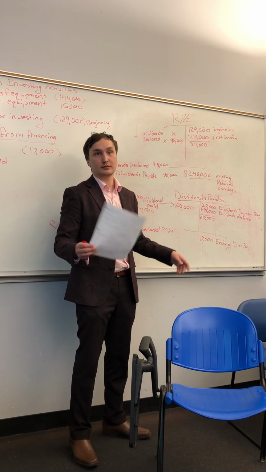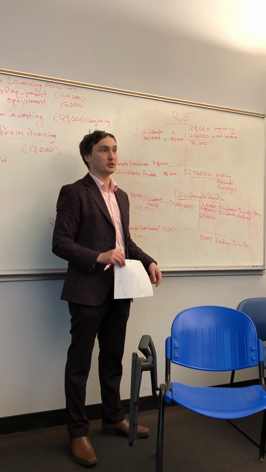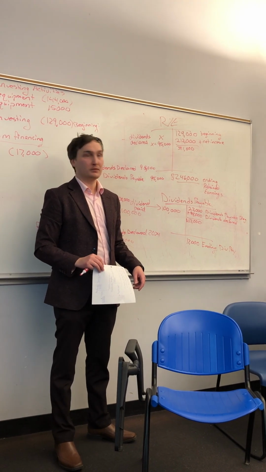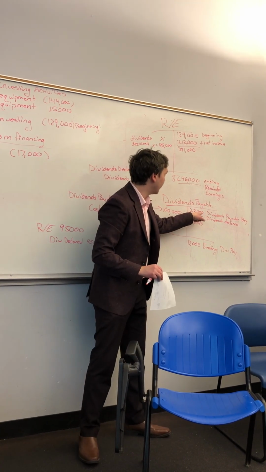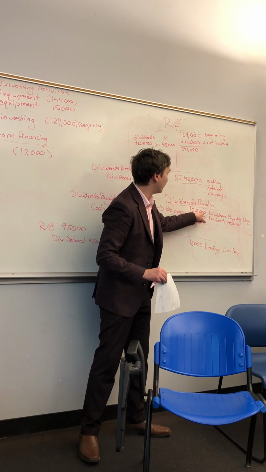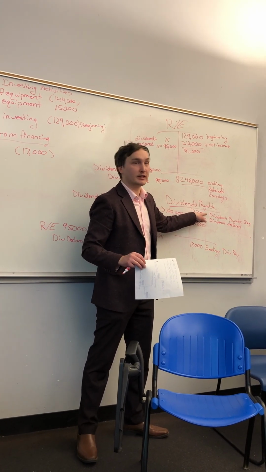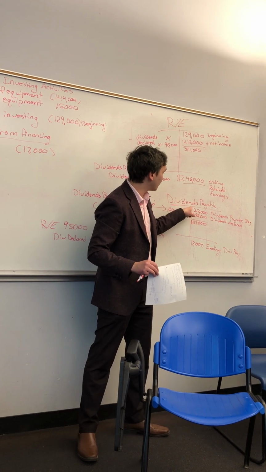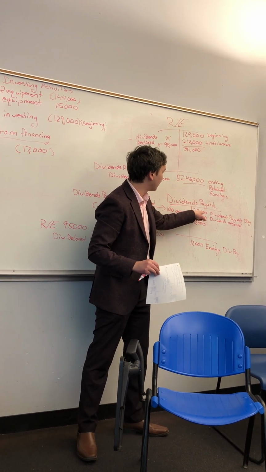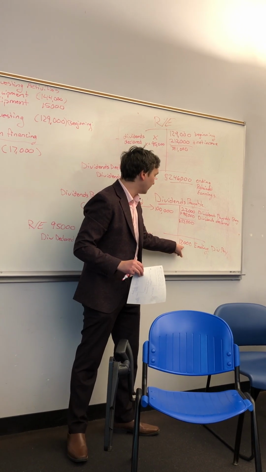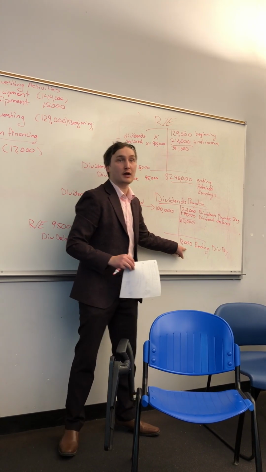The dividends payable of 22,000, is it flat from last year? Yeah, so this dividends payable beginning is the amount that we've owed from last year or from prior years. It didn't go away. It's saying that at the start of the period, we owe 22 grand in dividends. At the end of the period, now we only owe 17,000.